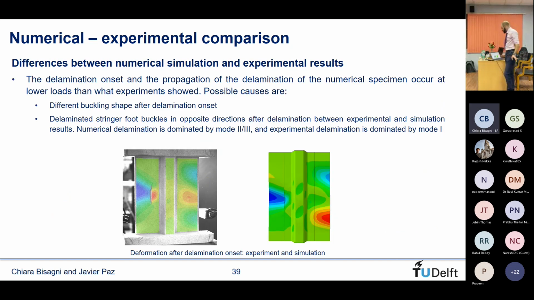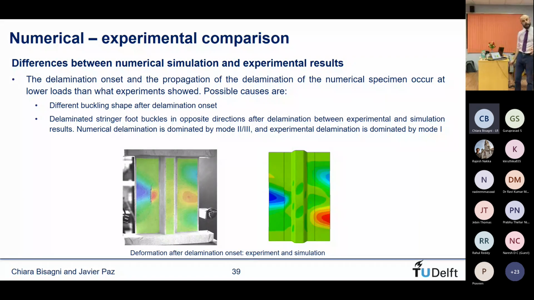Now, to wrap it up, the differences we get between the numerical model and the experiments that we did. There are some differences. First, we get a slightly different shape after the delamination onset. We see that here there are 3 half waves, while here we get just 2. And also the buckling of the stringer foot.